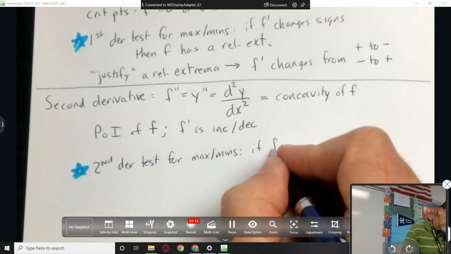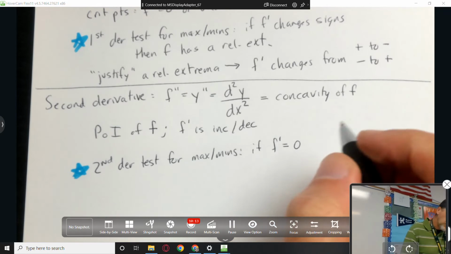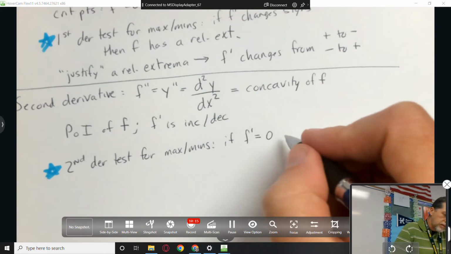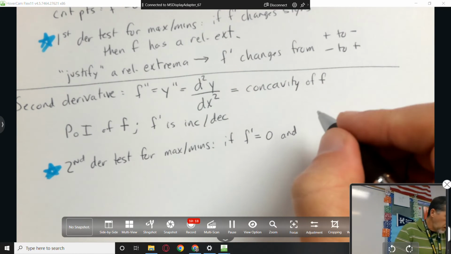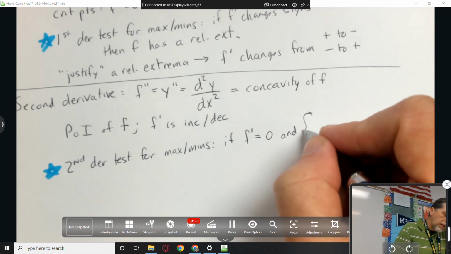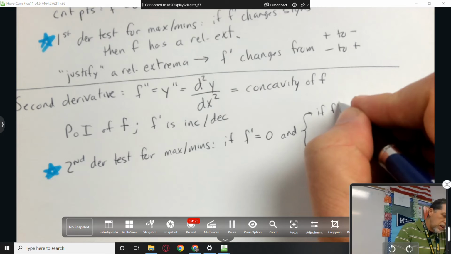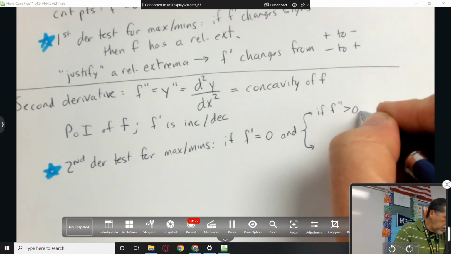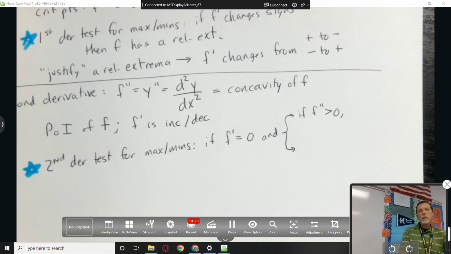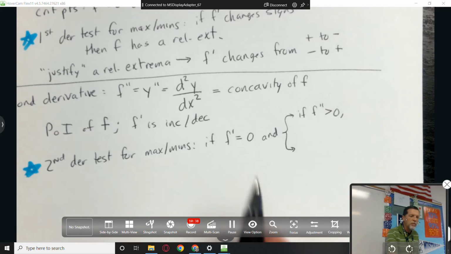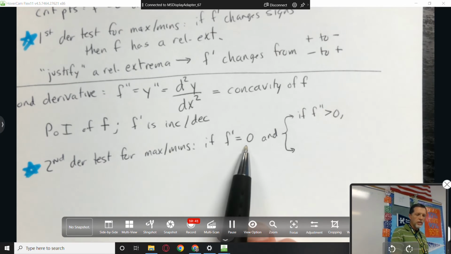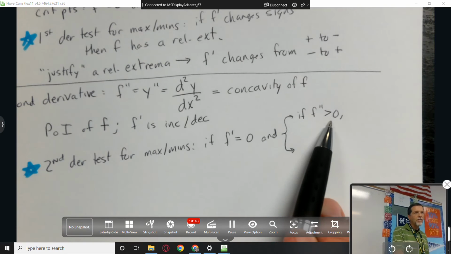Here's the test. If f prime equals 0, and then there's two options here. If f double prime is greater than 0, so if you think about what that means, again, this is not a memorized thing, this is f prime equals 0, so the slope is 0, and we are concave up.